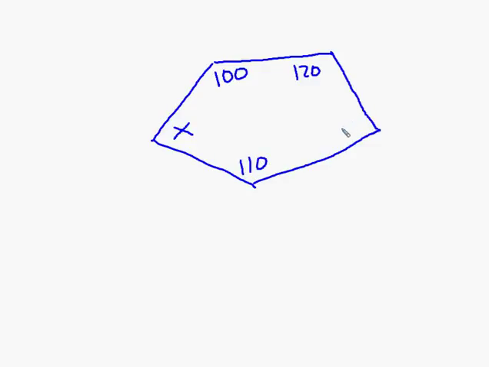And let's say this one right here, maybe this one's 90. How do I find X? Well, I'm going to have to subtract all these numbers from something. If it's a pentagon, I'm going to walk you through all the steps, but we know that the angle sum in a pentagon is 540, because we've already calculated that.